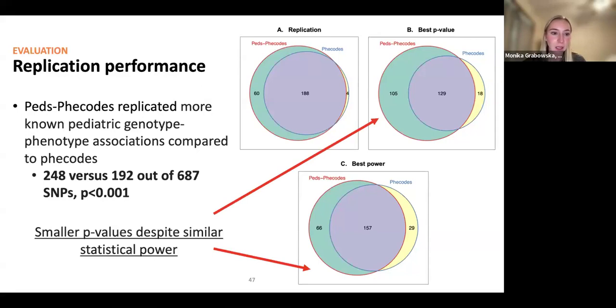And then importantly, using the PEDS Phecodes in PheWAS tended to yield smaller p-values for those replication studies, despite similar statistical power between the PEDS Phecodes and the Phecodes in terms of the number of cases identified.